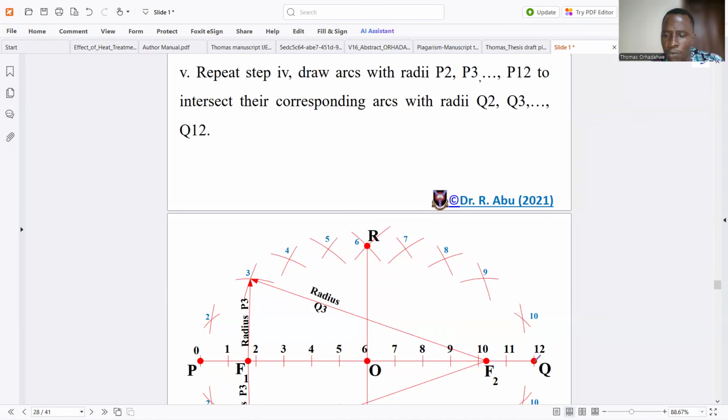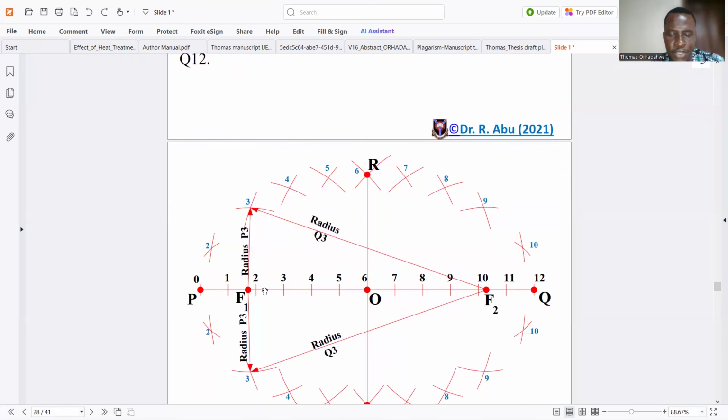Now open your compass from Q to 2. That's Q2. Now with F2 at center, cut the previous arc. Same thing with P3. Open your compass from P to 3 with F1 at center, cut up, cut down.